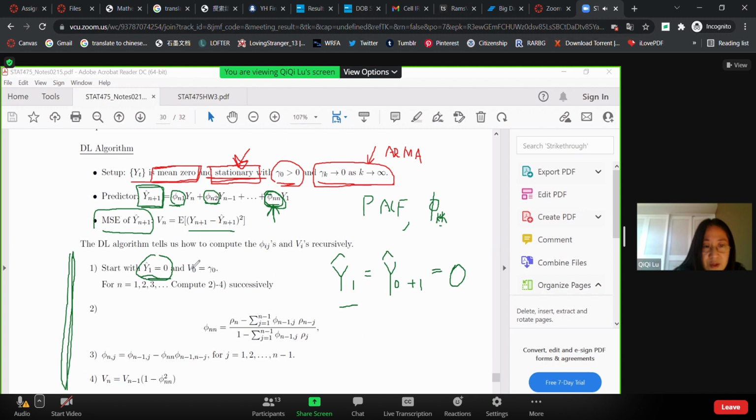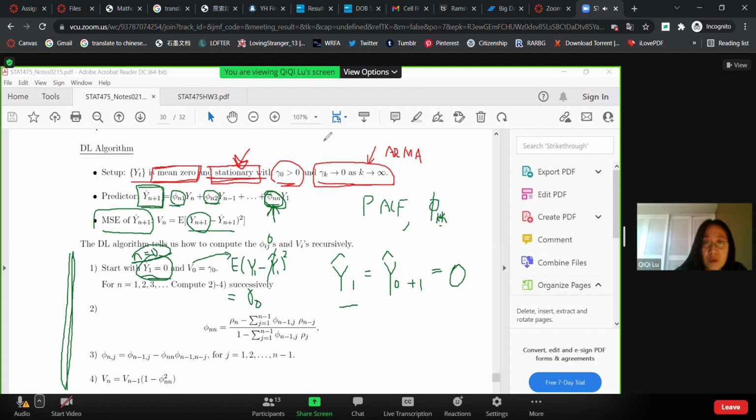And then V0 is the forecast error. So this expectation of y1, that must be your true data. So n equals 0 here means your sample size is 0, you have no data, right? Minus y1 hat, and then take the square. So that's V0, right? Y1 hat is 0, so that's expectation of y1 squared, so that's gamma 0.